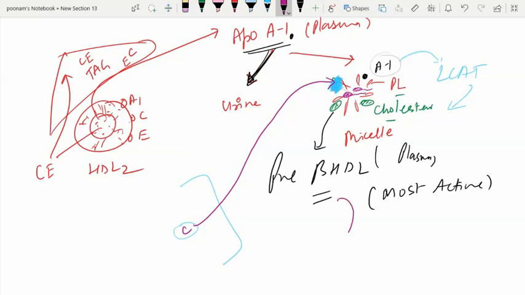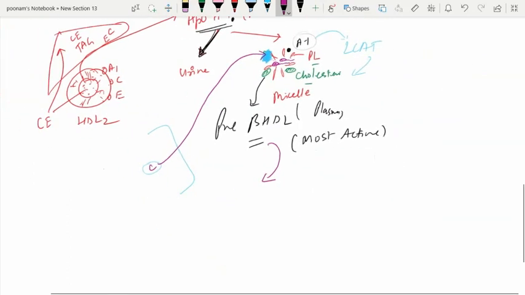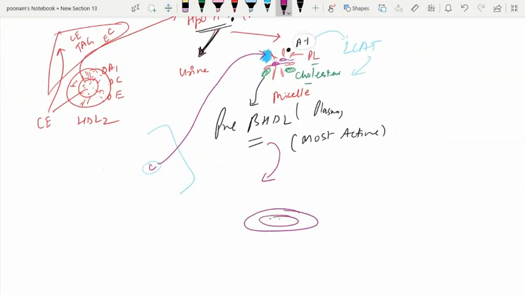So slowly pre-beta HDL starts taking a discoidal shape like this, where some of the cholesterol ester is there in the core section having ApoA1. C and E initially is not there on this pre-beta HDL, but if donated by mature HDL, it can have C and E. It will have phospholipid, it will have lacuna, because whatever cholesterol is coming in this lacuna is going into the core section.